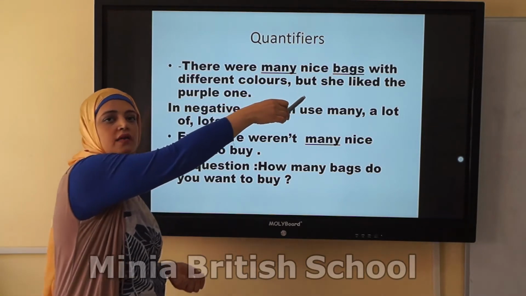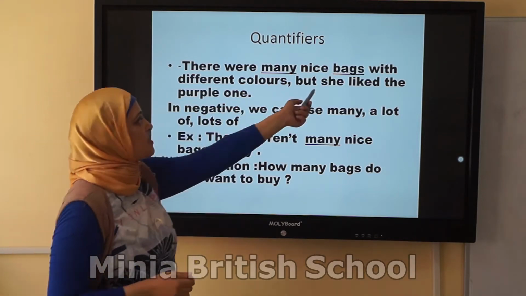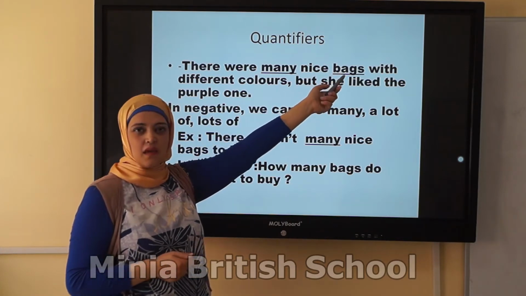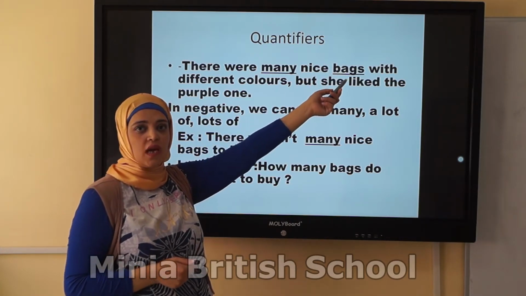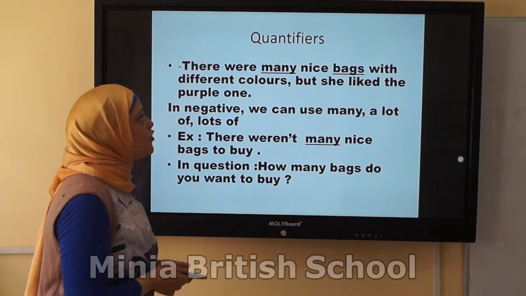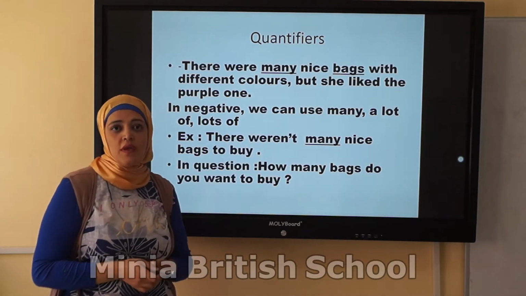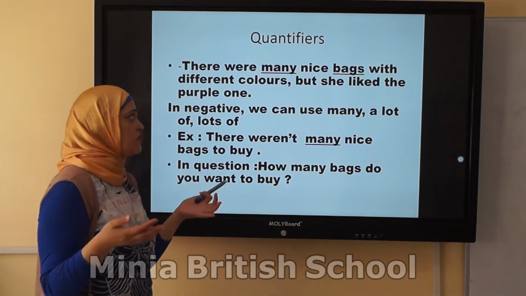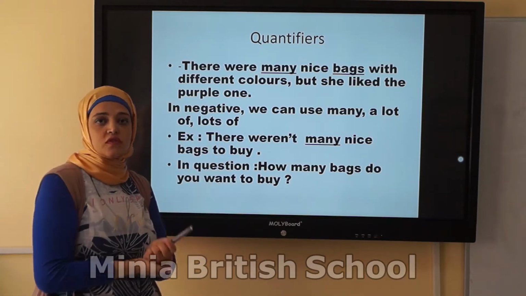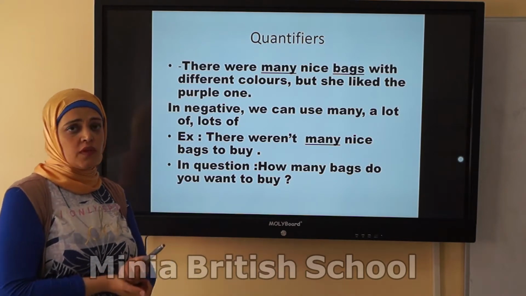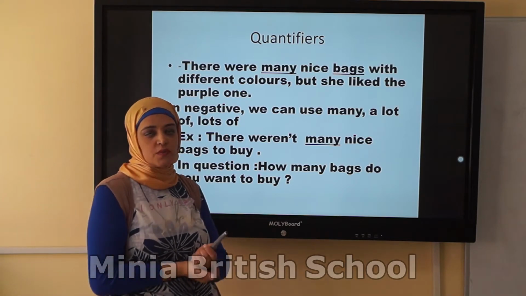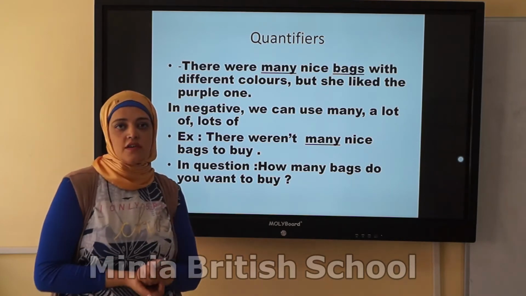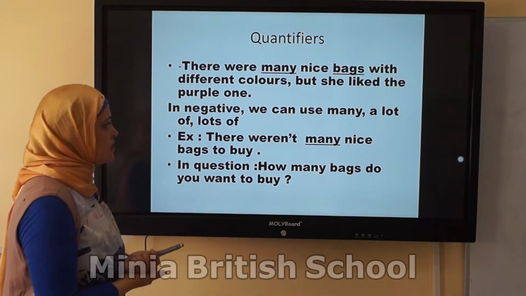Actually, it's a countable noun. I said bags. So we used many. Many is a quantifier we use to express a large amount of something, and we use it before countable nouns.